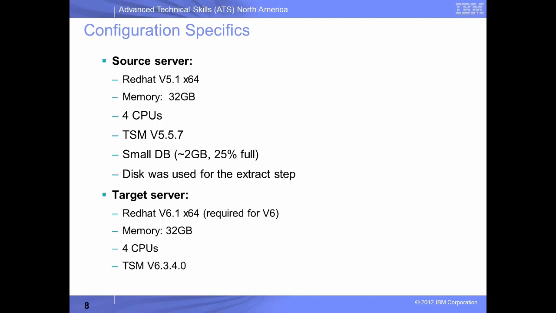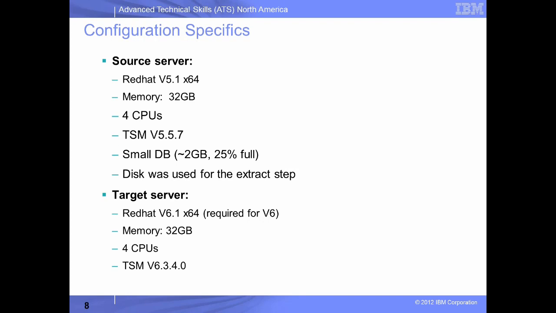We are using extract to media. For the purposes of this one, we extracted the metadata from the database and we went to disk. Our target server is a version 6.1 64-bit setup. 6.1 is required for version 6, so you need to keep that in mind.